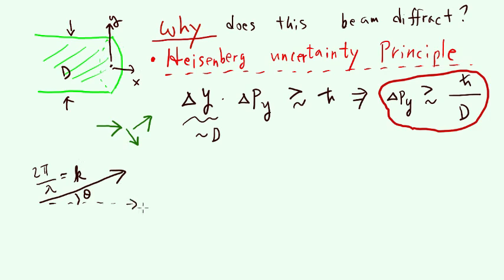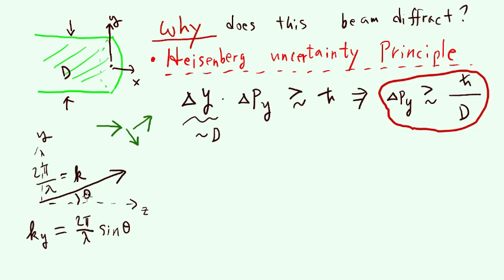So this is the z-axis, and this is the y-axis, and so ky, the wave vector component along the y direction, is 2 pi over lambda times sine theta.